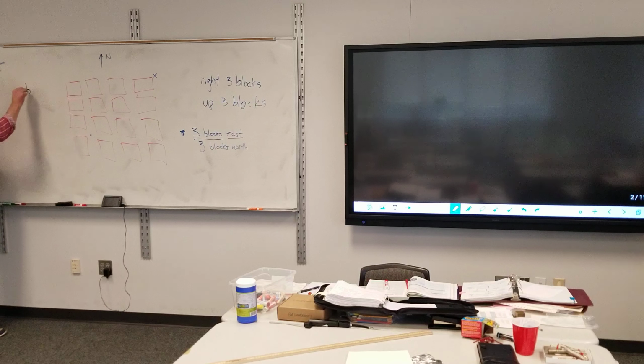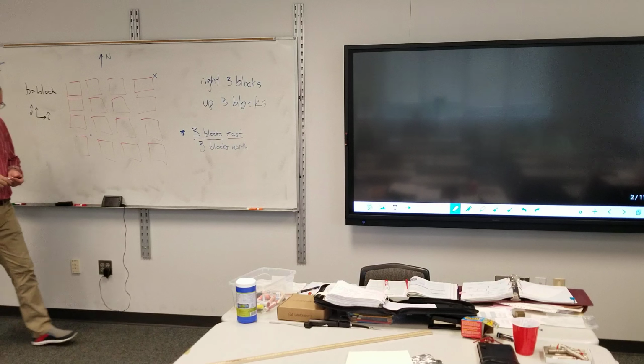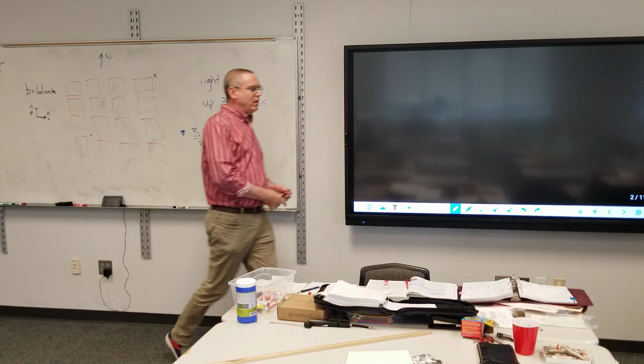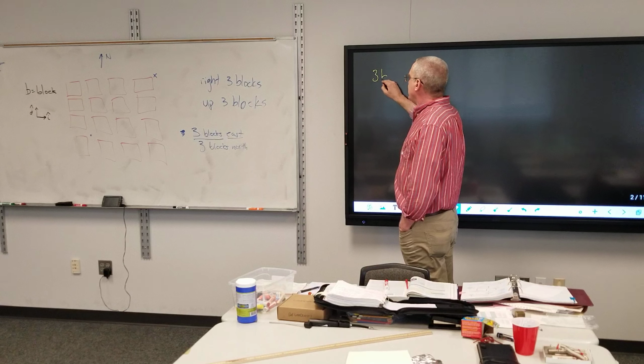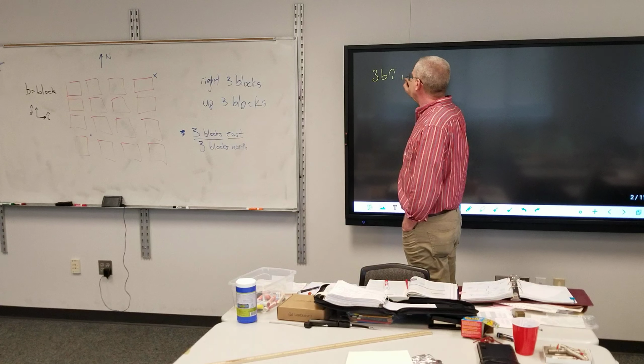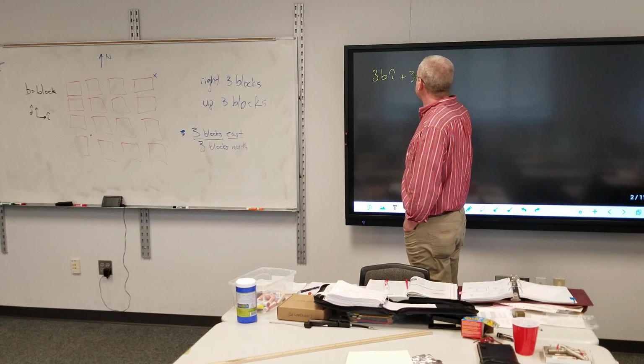I'm going to say that B is equal to block. And then I need to describe the directions, east and north. Why don't we just call the east direction I hat, and up J hat. So now I can write it simply as 3B I hat plus 3B J hat.